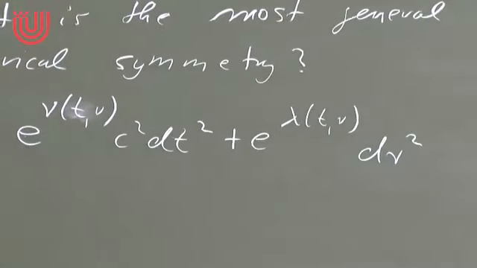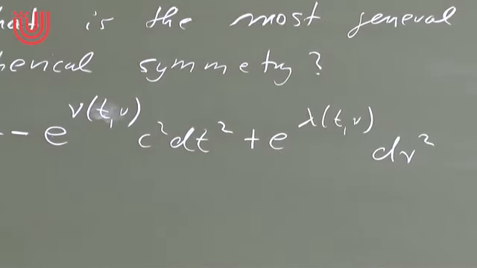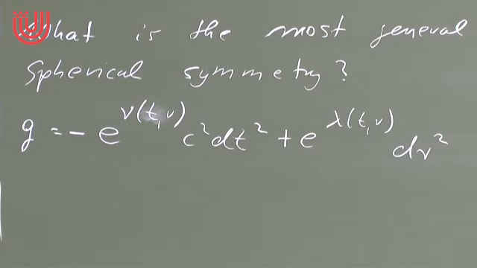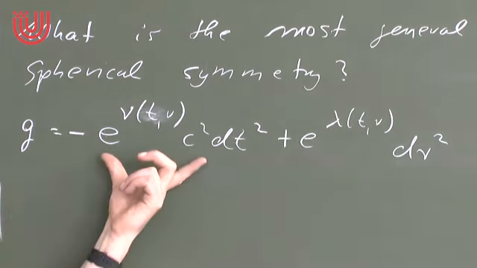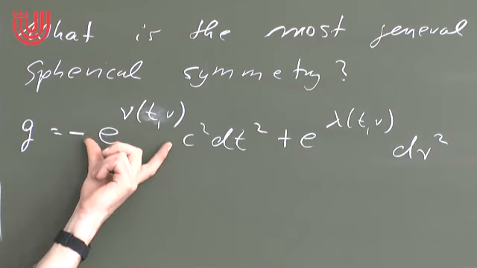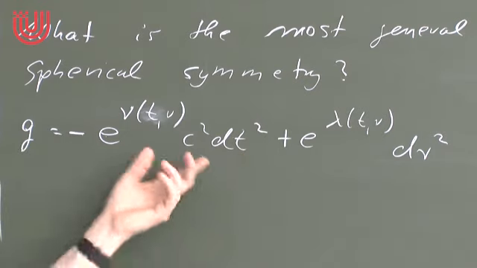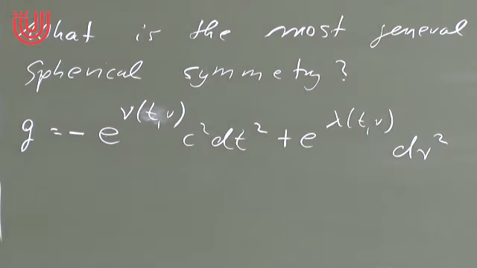I write them in the form e to the power something to make sure that the signature is not destroyed, so that the terms have the same sign. So the t lines are still time-like. If this is positive, then this means that the t lines are still time-like. So it's possible for an observer to move on the t lines. That's what I want to have.